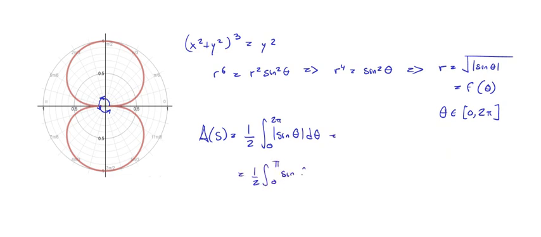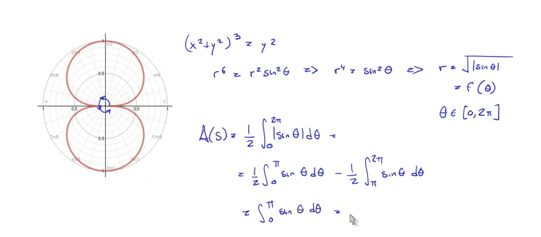Then between pi and 2 pi, the sine is negative, so this is going to be minus 1/2 of the integral of the sine of theta between pi and 2 pi. But it turns out that the integral of the sine between pi and 2 pi is minus this, so you can see here that this is 2 times this integral. You can do this algebraically, or you can see it geometrically. So this is 2 times this integral between 0 and pi of the sine of theta d theta.